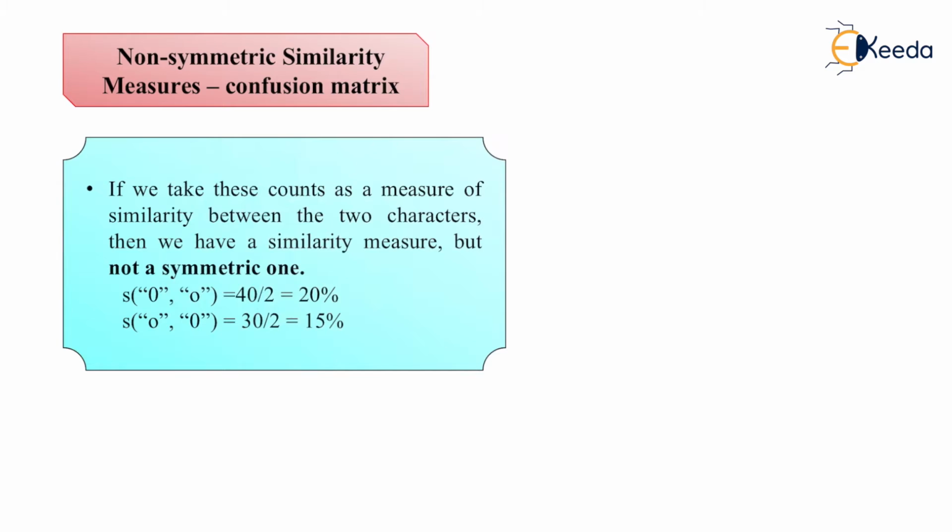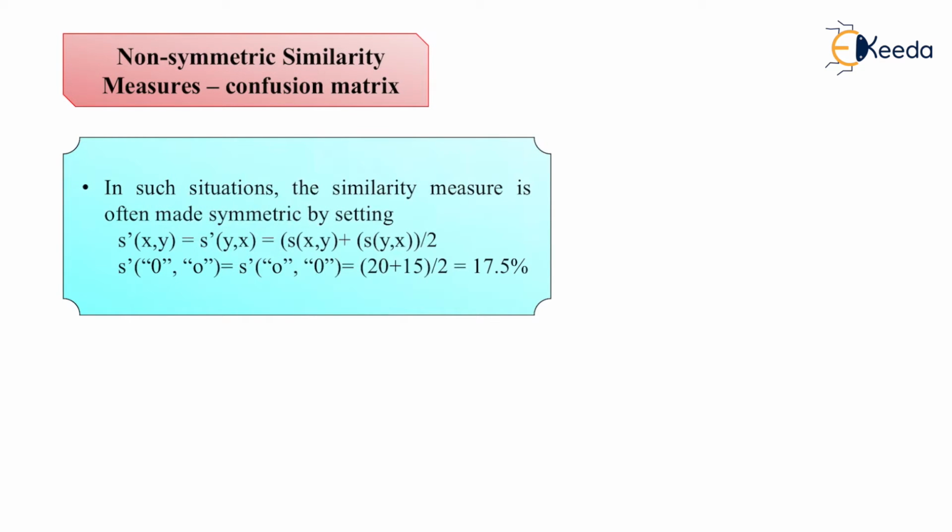So the symmetric value will not come, because the first time we are getting 20 and the second time we are getting 50. In such a situation, the similarity measure is often made symmetric by setting s'(x, y) equal to (s(x, y) plus s(y, x)) divided by 2. So we'll get the answer as 17.5.